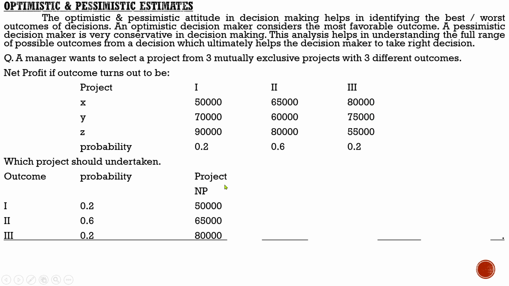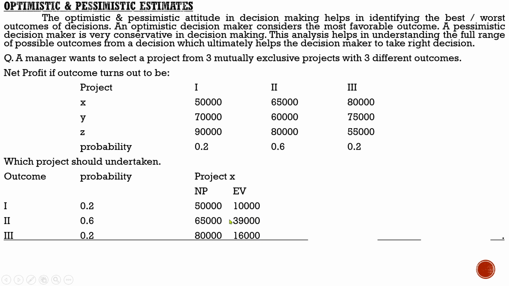For 50,000, the probability of earning 50,000 is 0.2. So you need to identify the actual amount. The estimated value that the organization is going to earn if they select project X: first outcome is 10,000. For the second case, 65,000 at 0.6, that is 60%, it is 39,000, and for 80,000 it is 16,000.